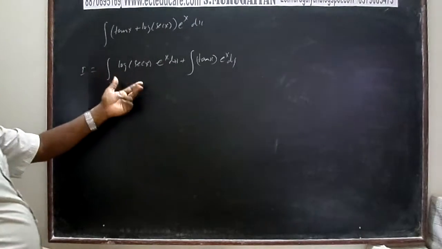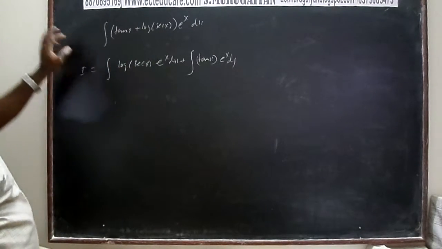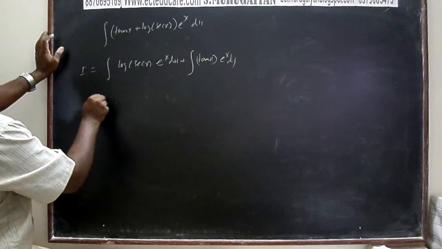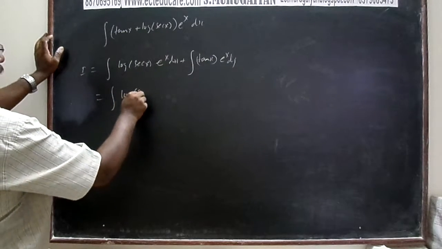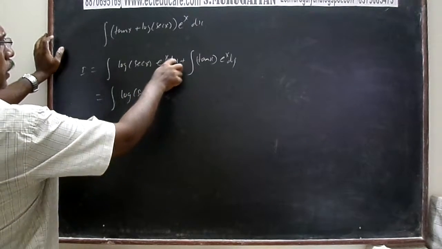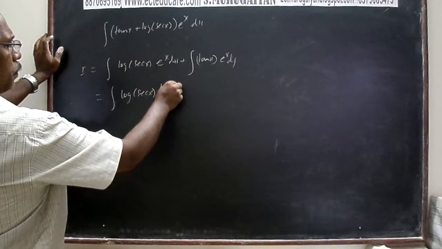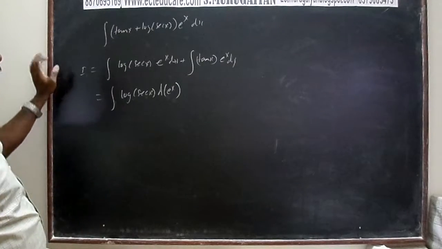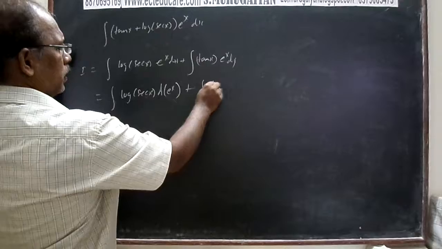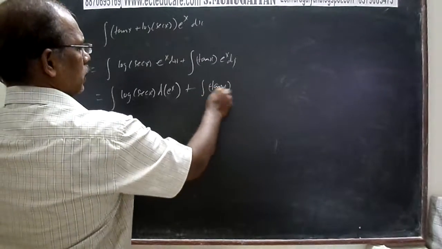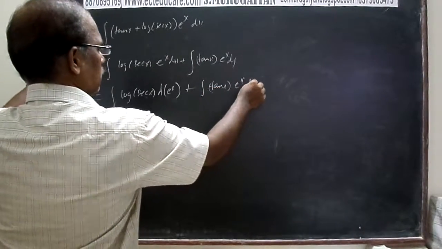Let us now apply integration by parts on the first part alone. Integral of log of secant x times e power x dx, where e power x dx can be written as d of e power x, to apply u dv, plus integral of tan x e power x dx.